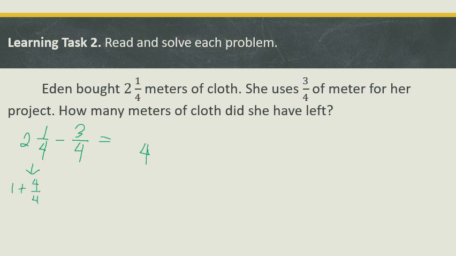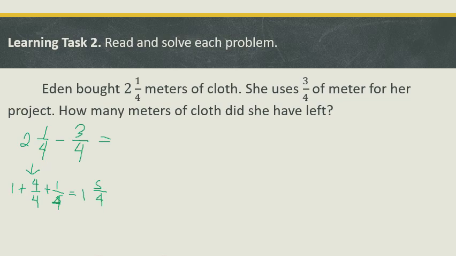So, saan nanggaling yung 4/4? Doon sa hiniram na isa, doon sa 2. So, bakit 4 ang ginamit natin? Kasi puro 4 po yung denominator natin. Plus 1/4. So, kaya ito po ay magiging 1 and 5/4. Okay?